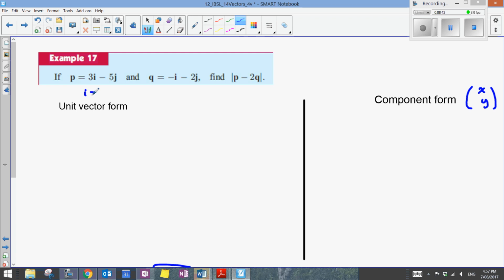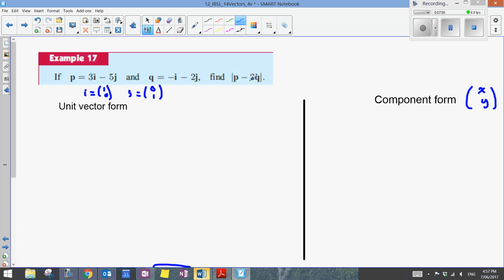So remember your i is 1, 0. Your j is the vertical direction, so that would be 0, 1. And when we get into 3D space, we will also have a z component that will add on. But for right now, we have our unit vector form and our component form.